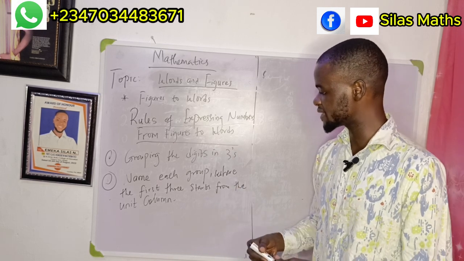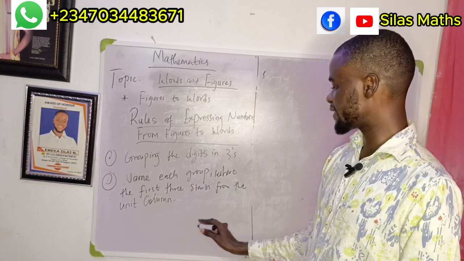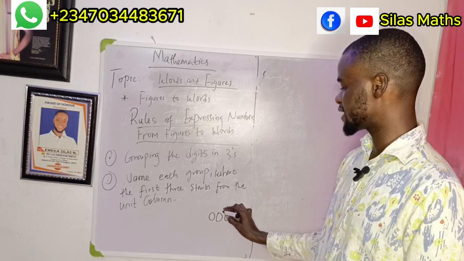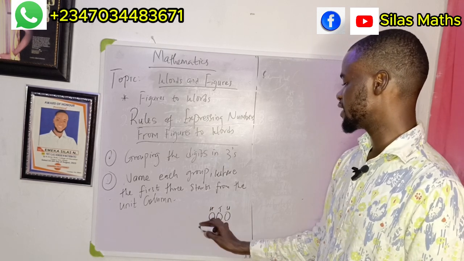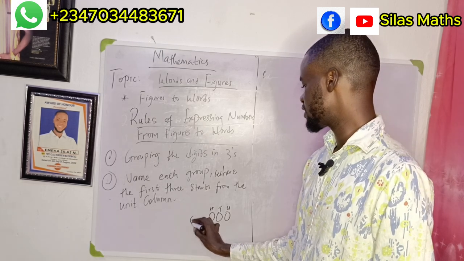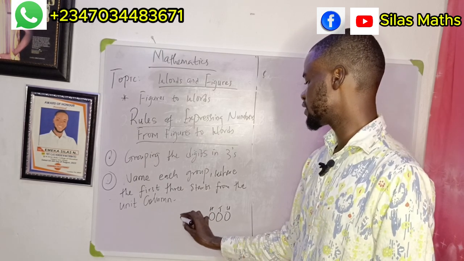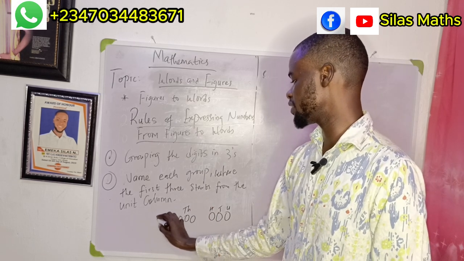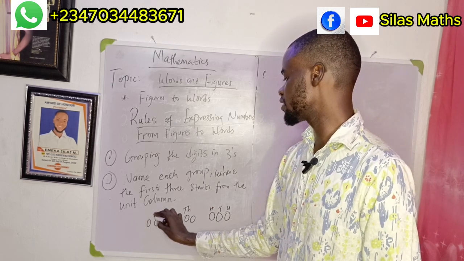Let's take a look at the groups we have. The first group is our units, tens, and hundreds. The next group is the thousand group. The next one is the million group.